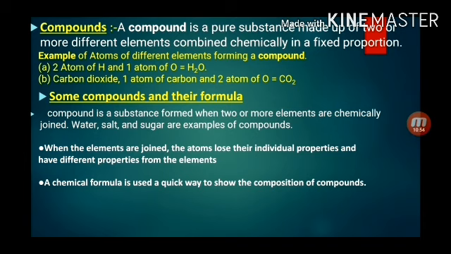So now you can see here, a compound is a pure substance made up of two or more different elements combined chemically in a fixed proportion. Yes, my dear students, whenever you take any compound, there must be a fixed proportion. Like the example of water, H2O, the ratio is 2:1: two atoms of hydrogen and one atom of oxygen.